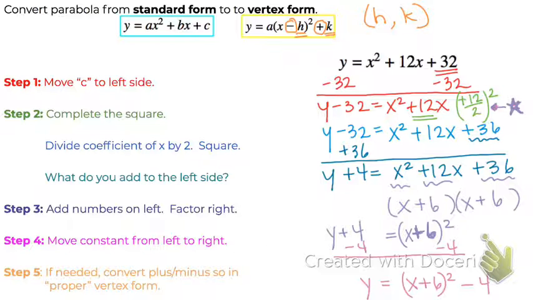So we can change that x plus 6 to x minus negative 6. And we can change that minus 4, if we want it to be plus, to plus negative 4. And when we do that, we can more easily see the vertex. The vertex now is negative 6, negative 4.